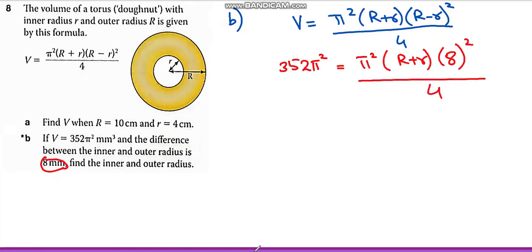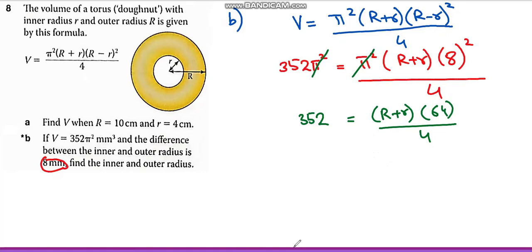Now if I further solve it, I can cancel pi square and pi square, and then simplify. We will get 352 equals R plus r into 64 divided by 4. And if I further simplify, I can divide 64 by 4. I will get 4 times 1 is 4 and 4 times 16 is 64. So I can just replace 64 with 16 and then I will get this equation.